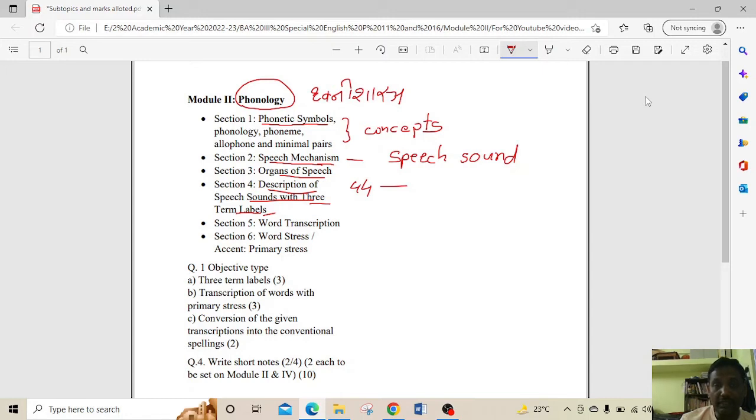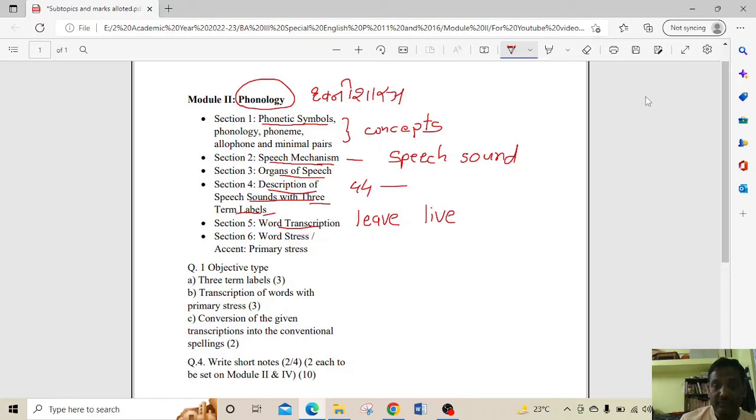Then you have word transcription. It simply means that when you pronounce a word like leave, and live, if you are a non-native speaker, you will think that they are produced in a similar way, but it is not.